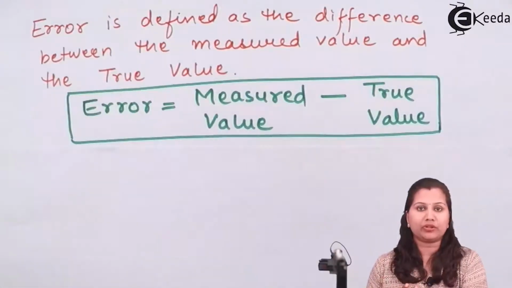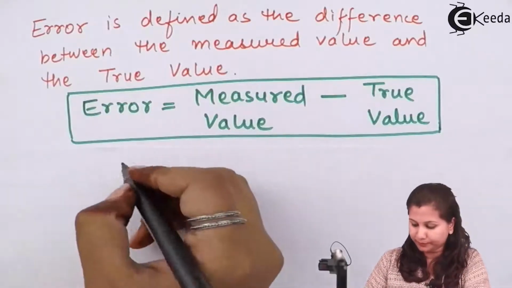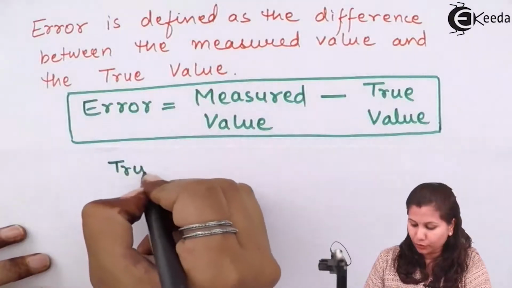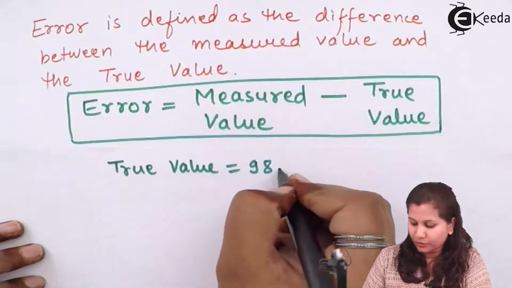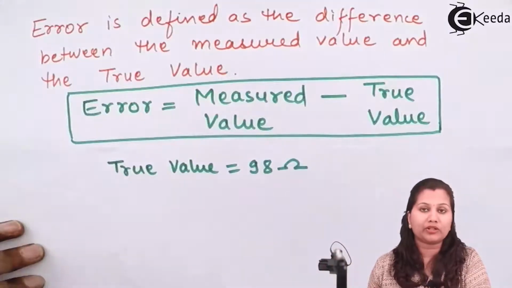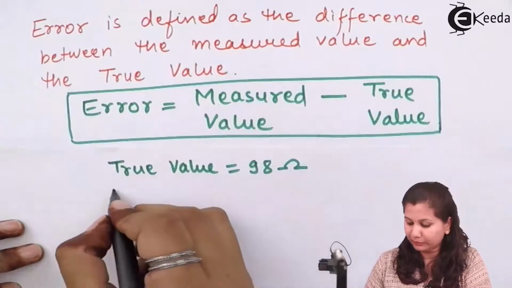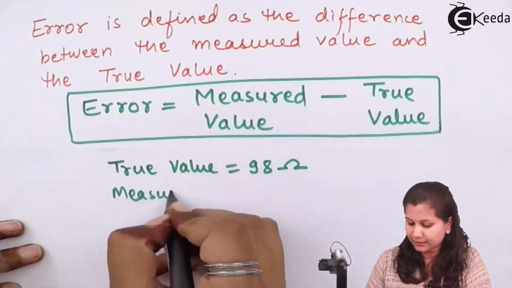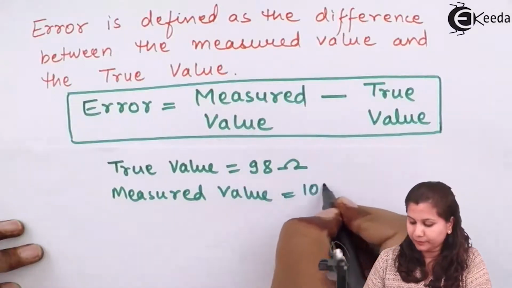Suppose we are measuring a resistance using a multimeter, and we know that the actual value of that resistance is 98 ohms. So the true value is 98 ohms. But when we measure that resistance using the multimeter, we get a reading of 100 ohms.